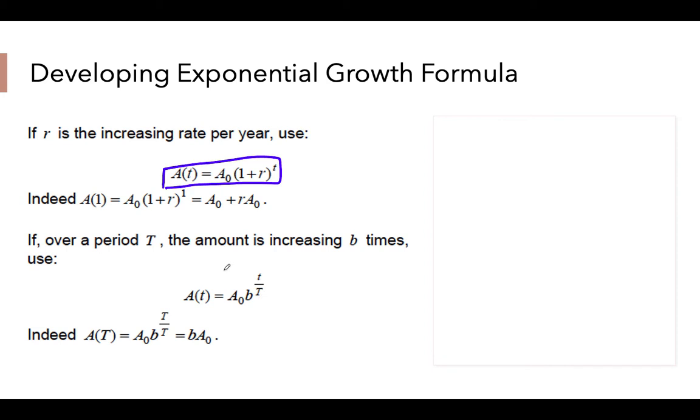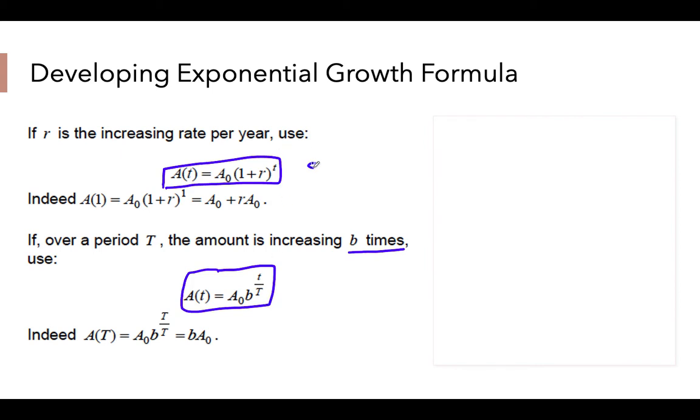So this is another equation you can look at, where you're given a period of time and it's increasing by b times, for example, doubling or tripling, then you will be using this.